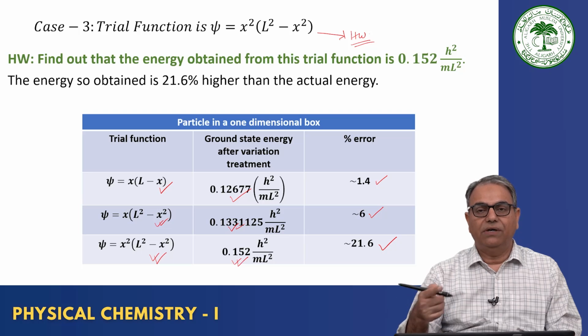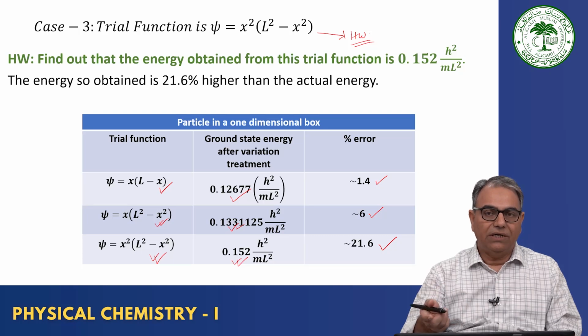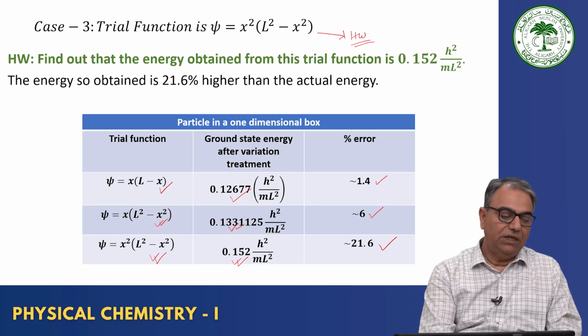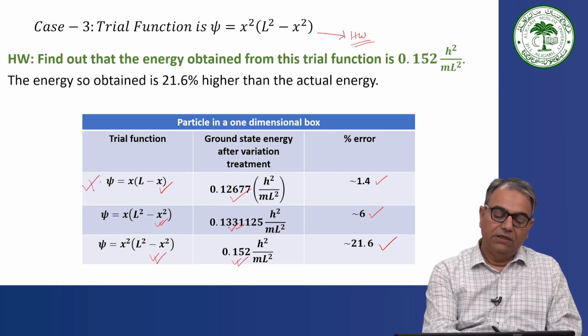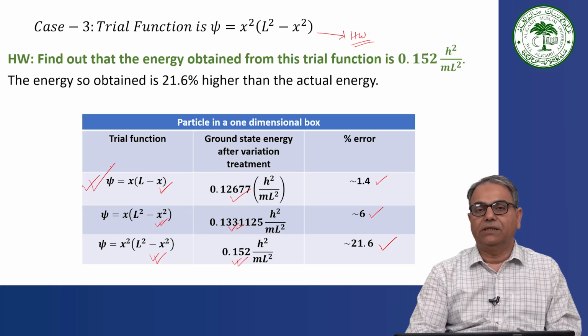Only those trial functions which give you an energy very close to the ground state are good trial functions. So out of these three, if somebody asks you which is the best trial function for the particle in a one-dimensional box, you say the best trial function is psi equal to x into L minus x.